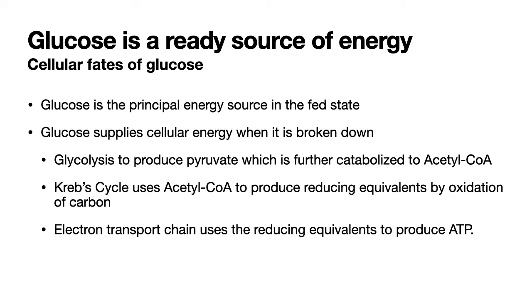You can search for this process through the internet or learn more about it in your biochemistry. But suffice it to say that acetyl coenzyme A has two carbons, and those individual carbons are oxidized.